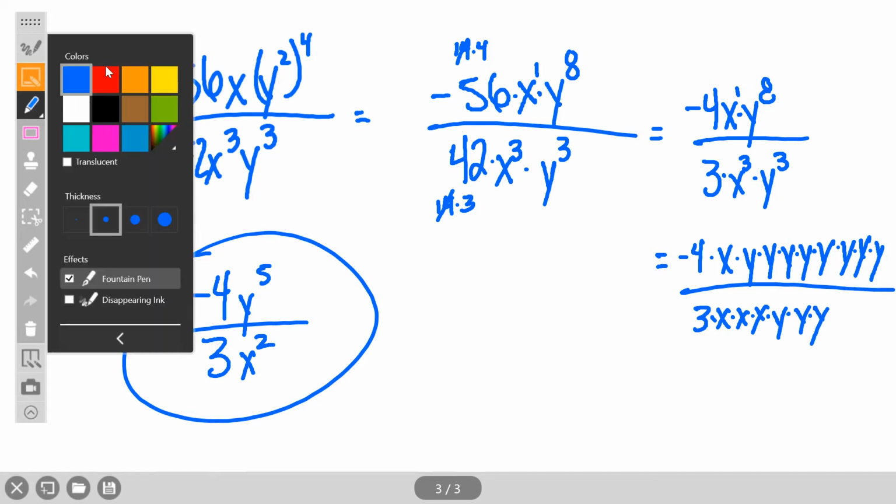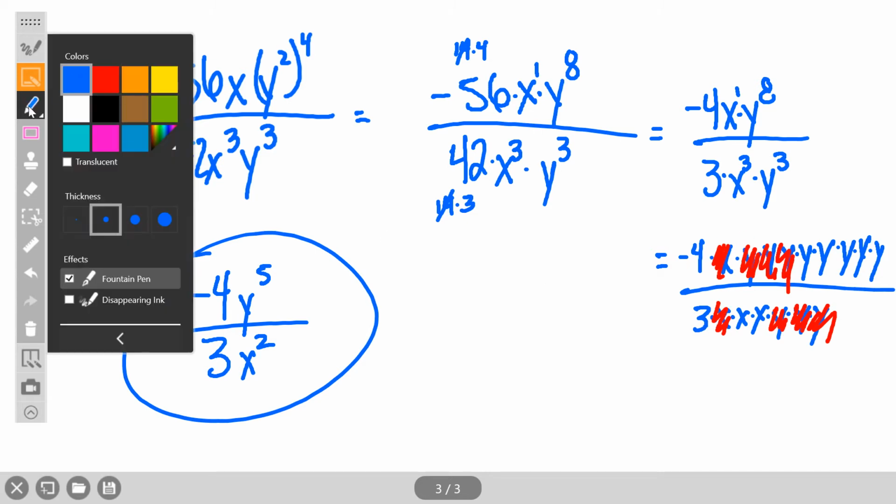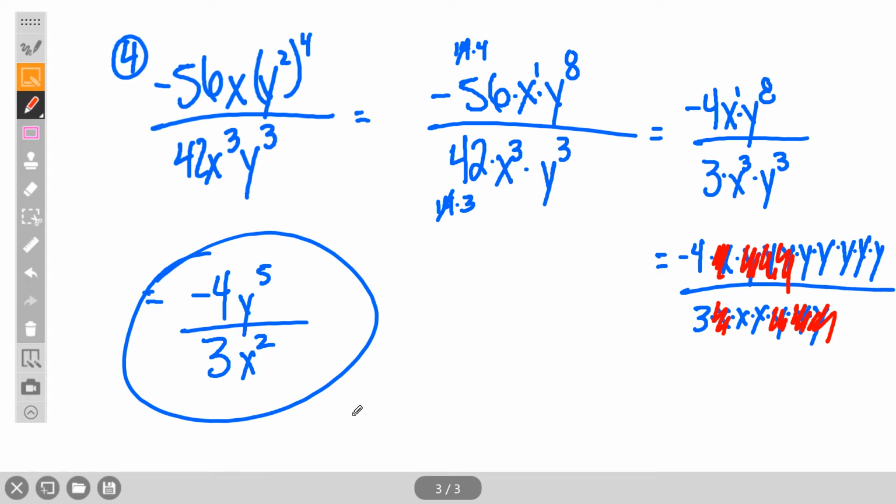Okay, so if you cancel the things that appear in the top and bottom, so an x, 1y, 2y, 3y, then you can see that we have negative 4, 5 y's over 3, and 2 x's. And the restriction here is that x cannot be equal to 0. But I don't think you have to do the restrictions for this because they have got like x and y, so. But yeah, we'll do it anyways. In the denominator, x cannot be equal to 0.